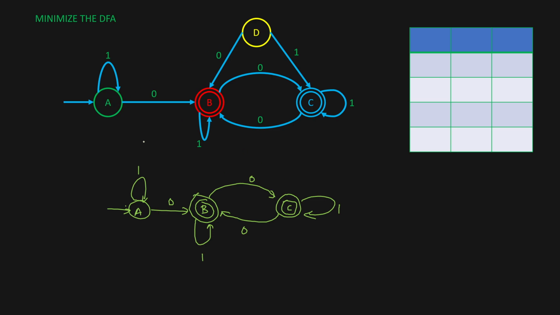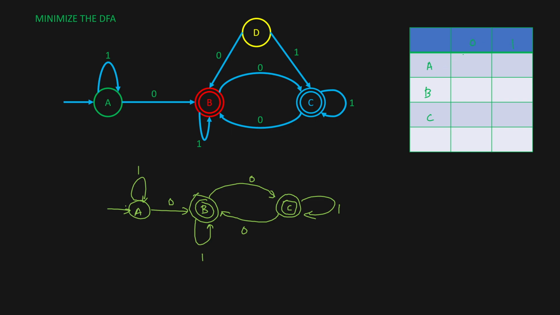Now we'll draw the transition table for this new DFA. We have got state A, state B and state C, and the inputs are 0 and 1.